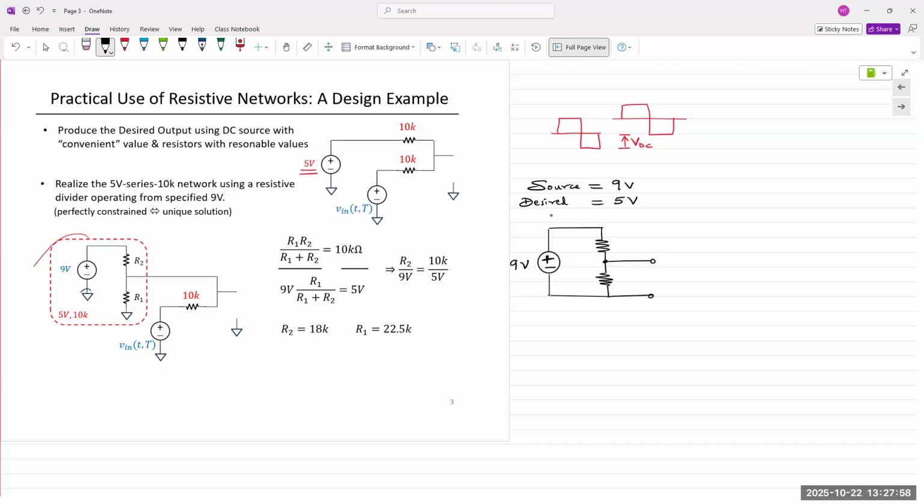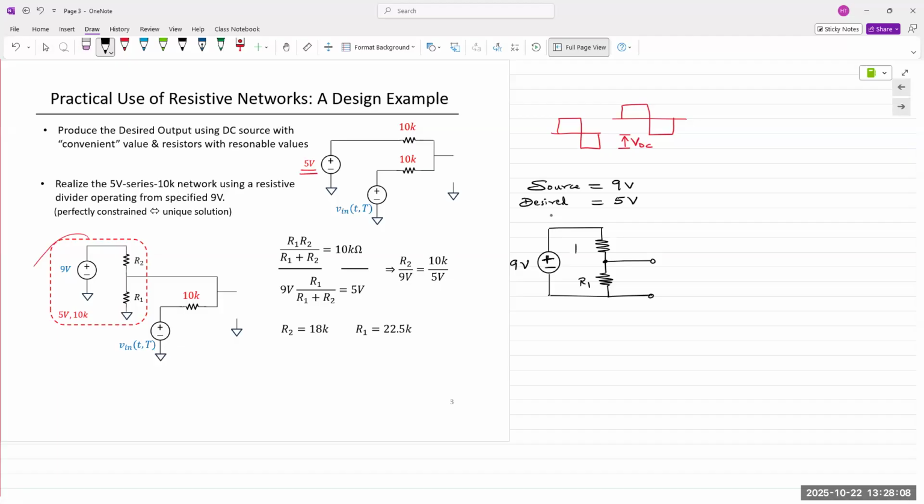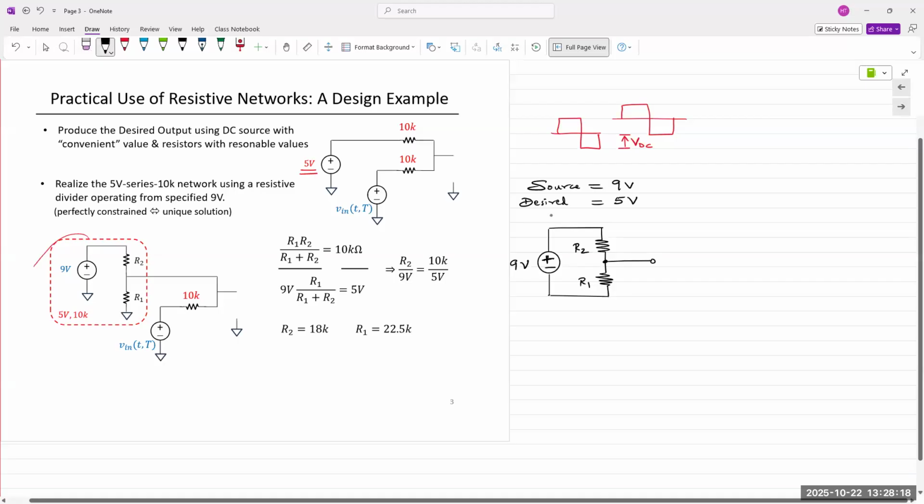Okay, so all 3 points, wherever you see this triangle in the circuit, that means they're all connected together. Okay, so if we call this R1 and R2, this R1 and R2 is feeding into our resistive network. And so let me draw this.